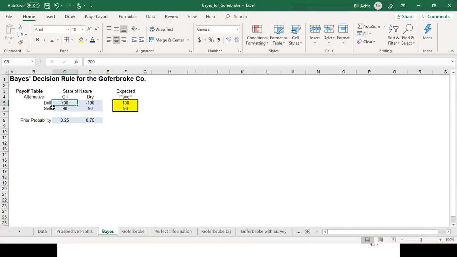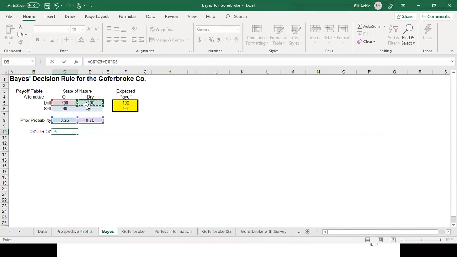Okay, so if I decide that we're going to drill and I want to figure out my expected payoff or expected outcome if we decide to drill, then we would multiply our prior probability by the anticipated revenue that we would get for that, and then add to that the second prior probability multiplied by its associated expected revenue.